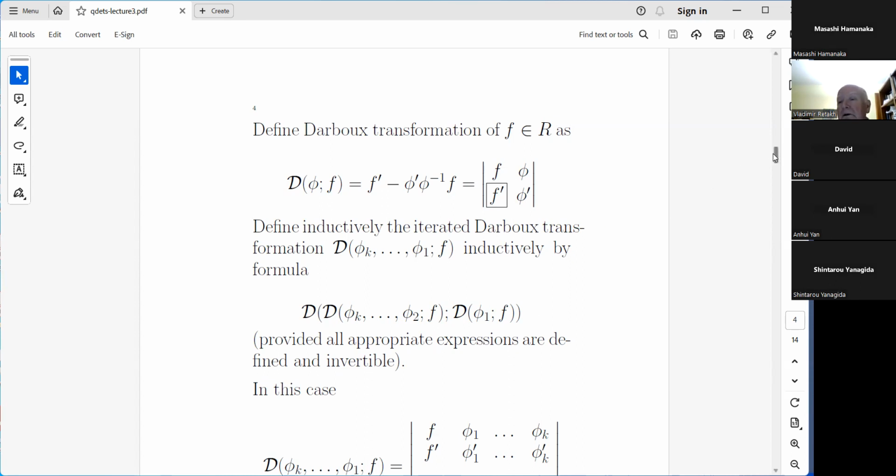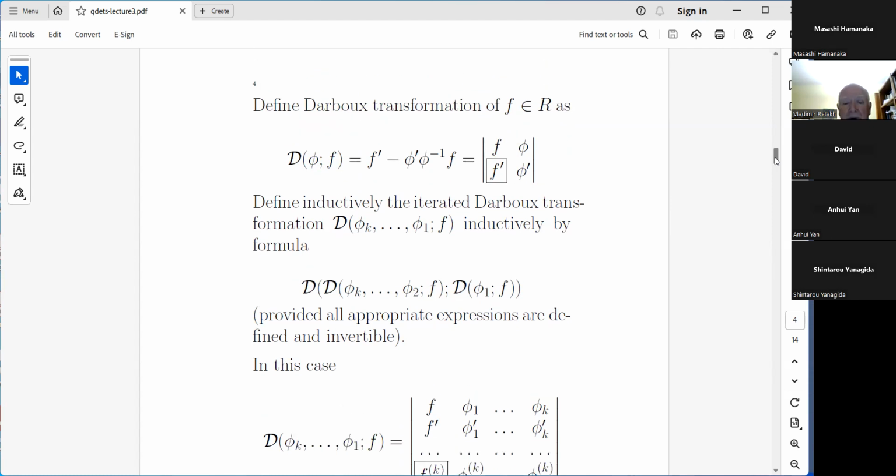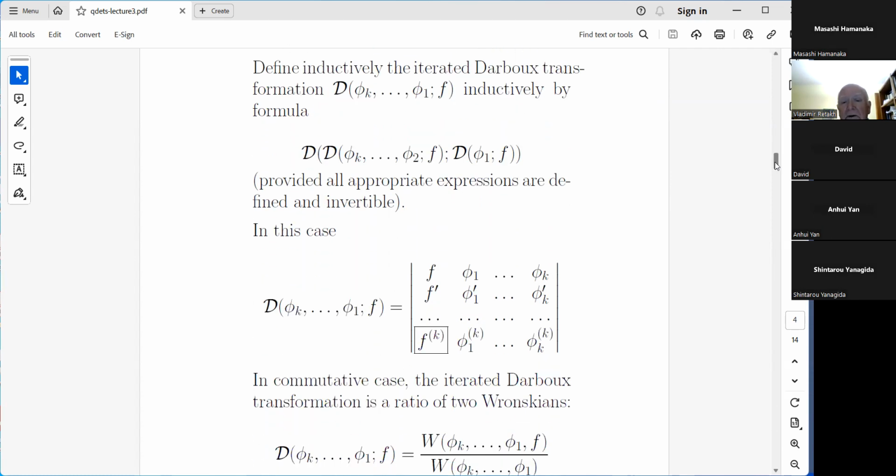But it's easier to describe this, and this is, of course, just a theorem: you have the Vronsky matrix, and you have this quasi-determinant. By the way, the column with f and its derivative, you can actually move it to the right. The result will be the same. So just start with the kth derivative of f.